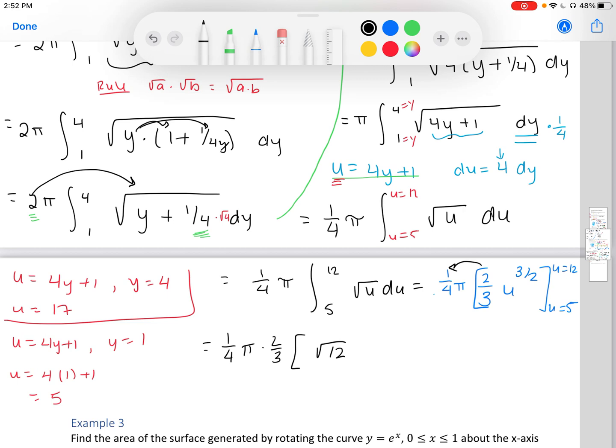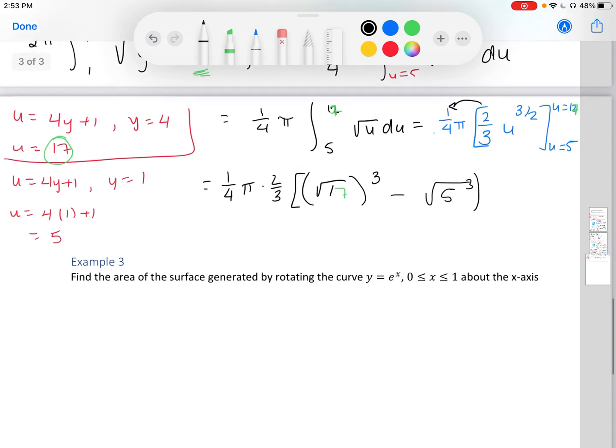I think I misread my own writing. We said it was 17, and I somehow changed my 17 to a 12. So let's fix that. 17. So we have the square root of 17 cubed minus the square root of 5 cubed.